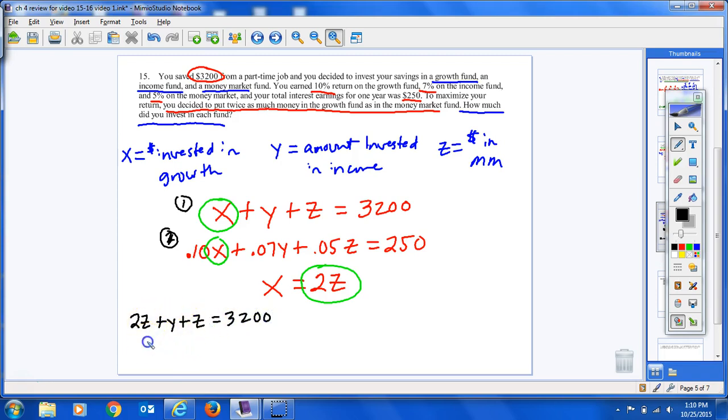Combine like terms, and let's put them in order. Y plus 3Z is 3,200. Okay, subbing into equation number 2, letting X become 2Z, we get, and this is another one of those cases where if you want to make the math a little bit easier, you could just slide the decimal 2 places to the right for all of these.